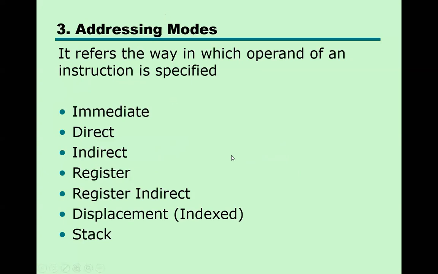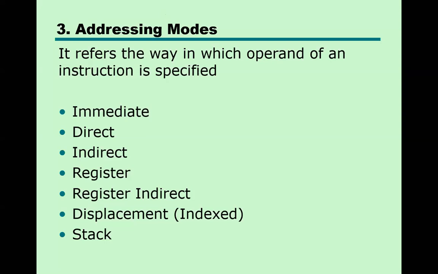So by the name, it is addressing mode. How actually we can address our operand. It refers to the way in which the operand of an instruction is specified. How, in different ways, in the instruction we can specify our operand.